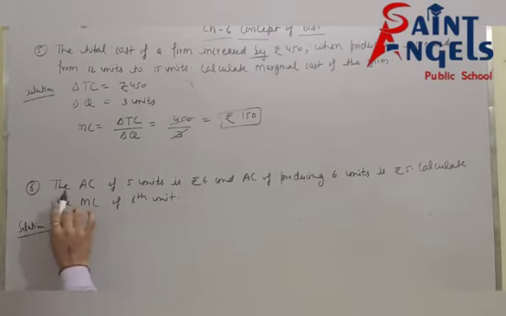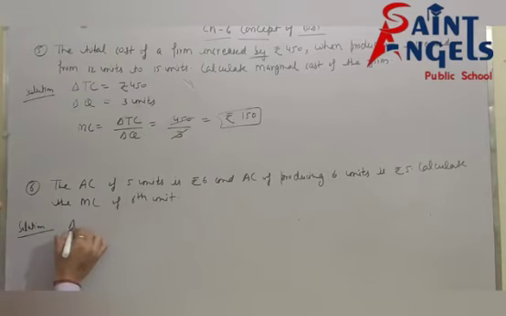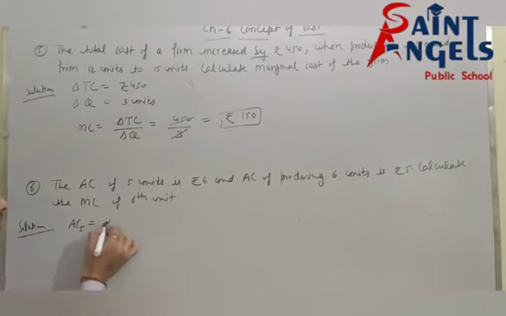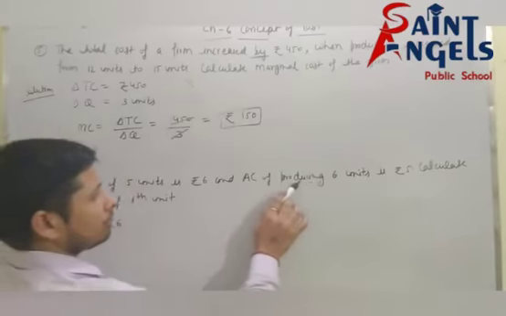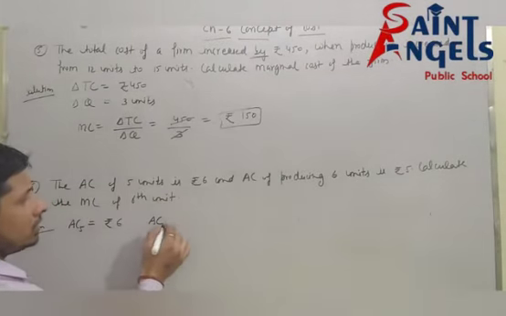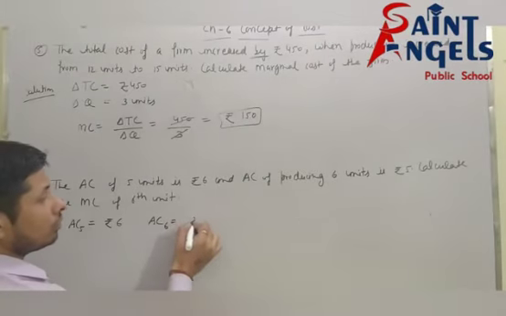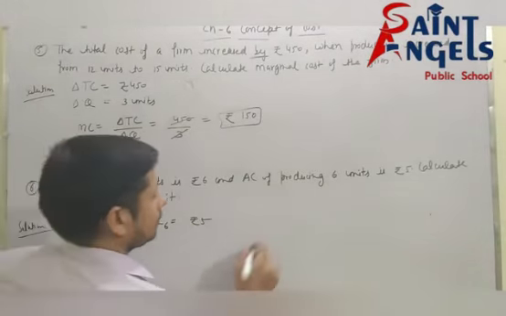The average cost of 5 units, means AC5, is rupee 6, and AC of producing 6 units, means AC6, is equal to rupee 5.